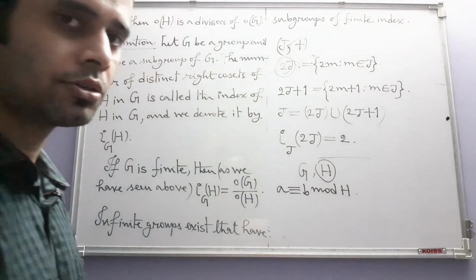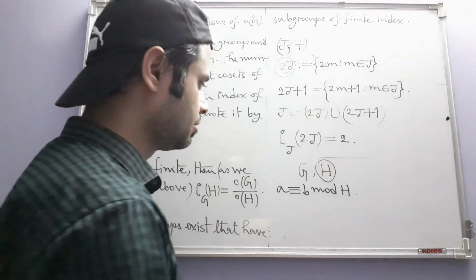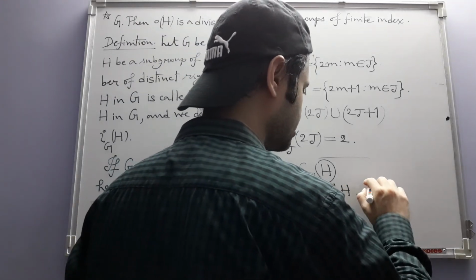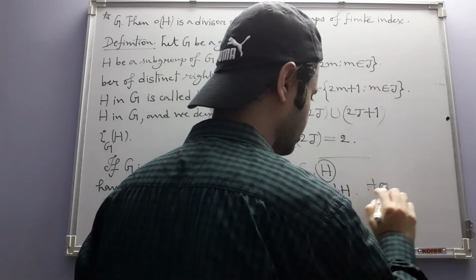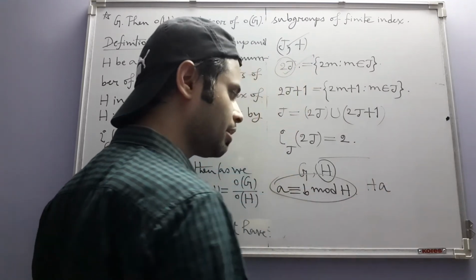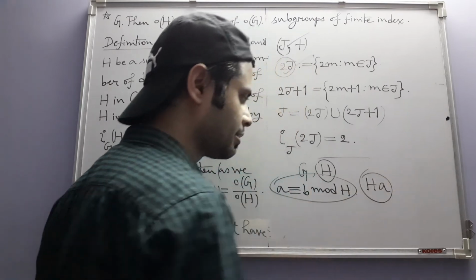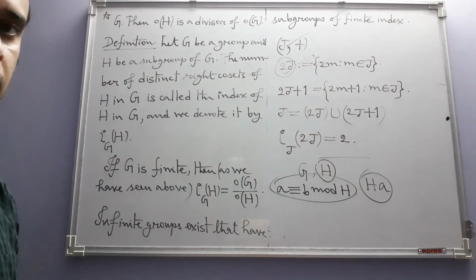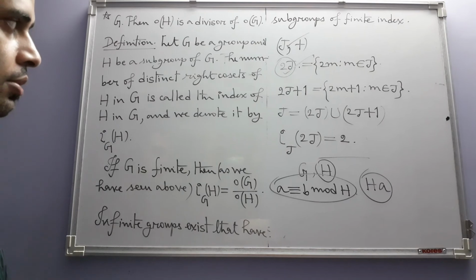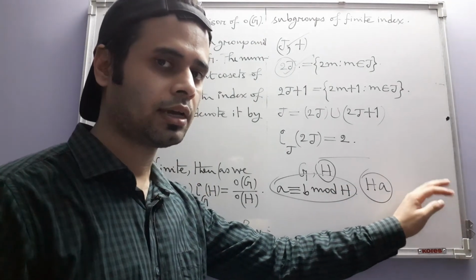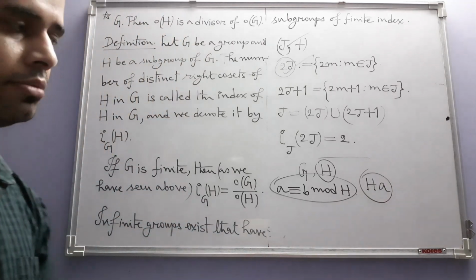We called it congruence modulo H. Then we proved that this is an equivalence relation, and we noted that the equivalence classes are nothing but the right cosets of H in G. Then we proved that any two right cosets of H in G have a one-to-one correspondence between them.